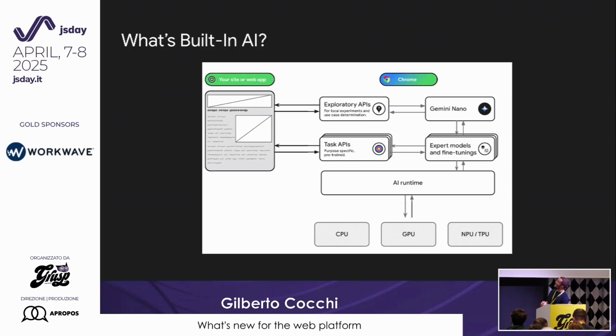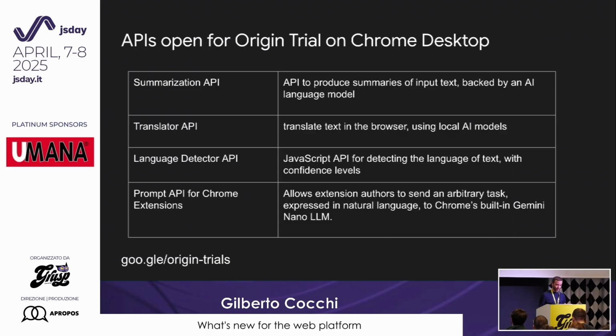In a nutshell, these APIs are designed so that when a developer calls these methods, which I will show in a bit, the model is downloaded by the user. And once it's downloaded, you as a website developer and other websites will be able to make use of it. In Chrome, we currently have 4 APIs in origin trial.